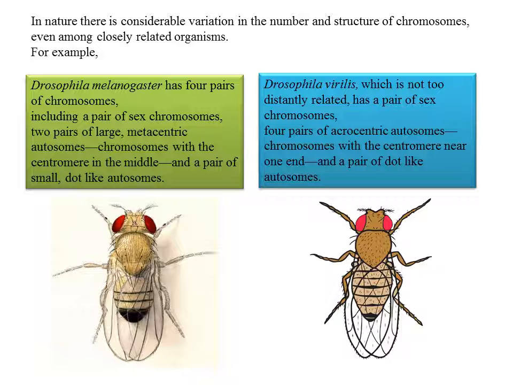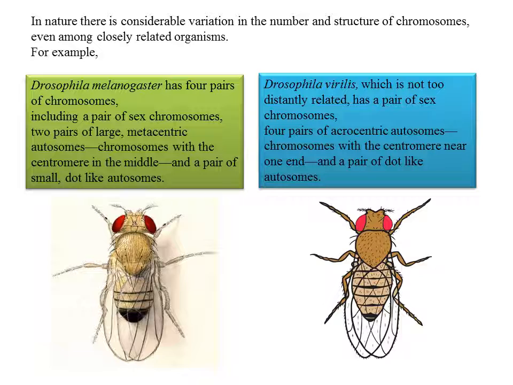But when we consider the chromosomes present in both these species, of course the chromosome number will not change, but the arrangement of chromosomes is different. So that's what is depicted in this slide.